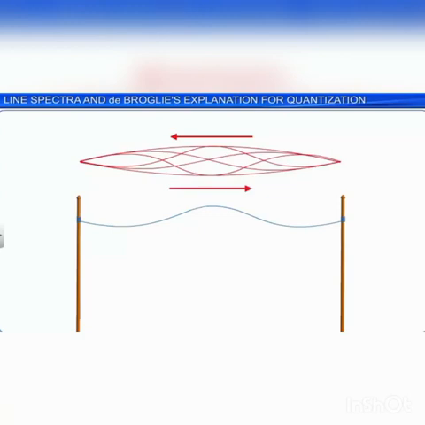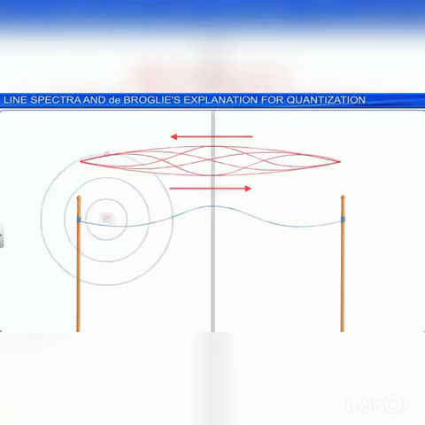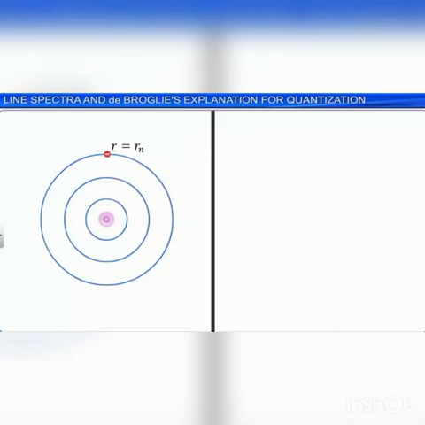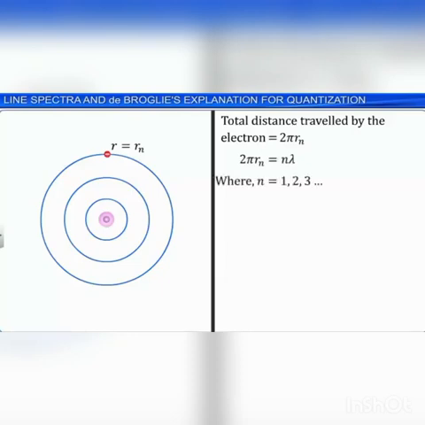Now, let us apply this concept to an electron in the nth circular orbit of radius Rn. The total distance travelled by the electron is 2πRn. Hence, 2πRn is equal to nλ, where n is equal to 1, 2, 3, and so on.